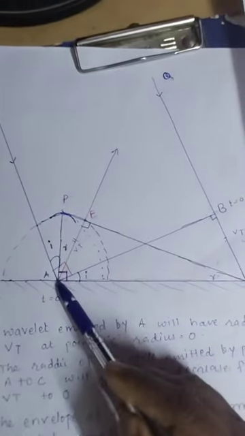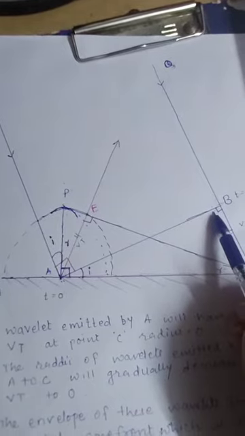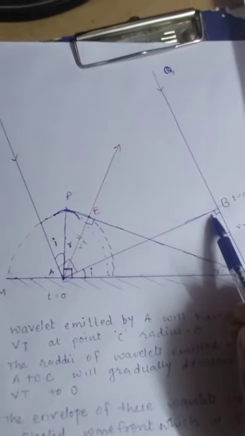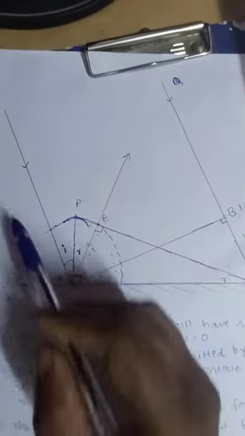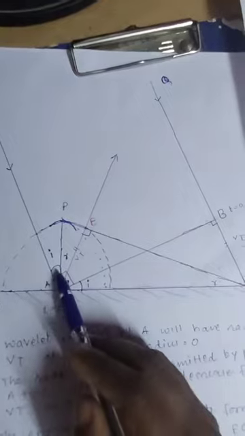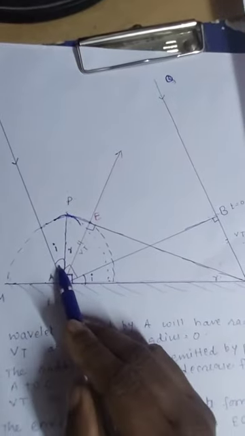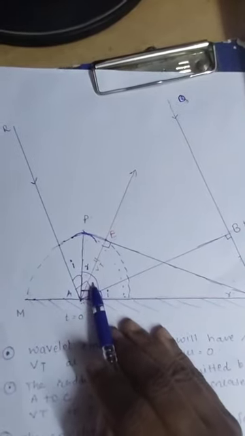So if RAP is i, then the remaining angle PAB will be 90 minus i.